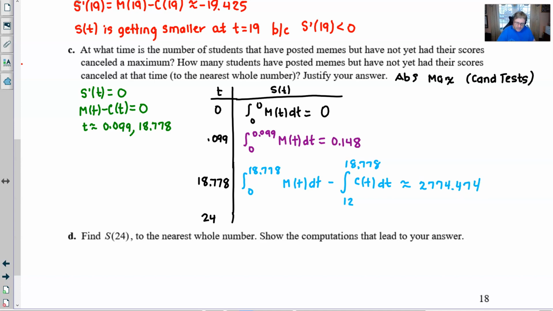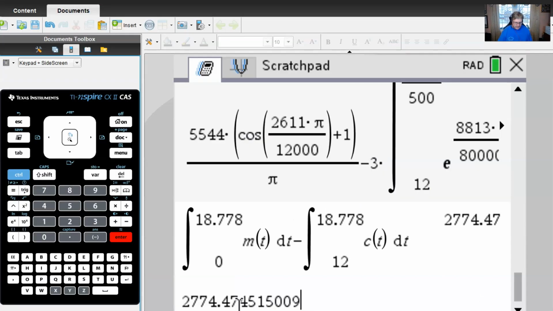And then last time with 24. Now 24 would be the integration from 0 up to 24, right? The whole time that students have been posting memes. But then the College Board is wise to that, and then we're going to subtract the integral from 12 to 24 of C of t. Let's see what that's going to give us on the calculator.